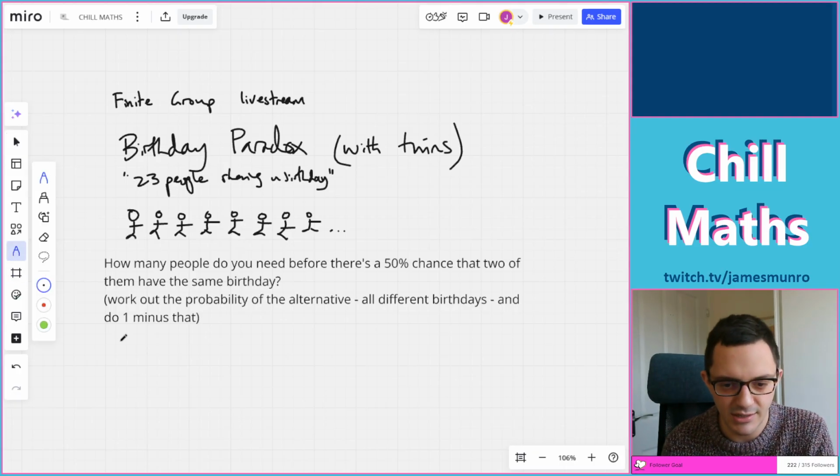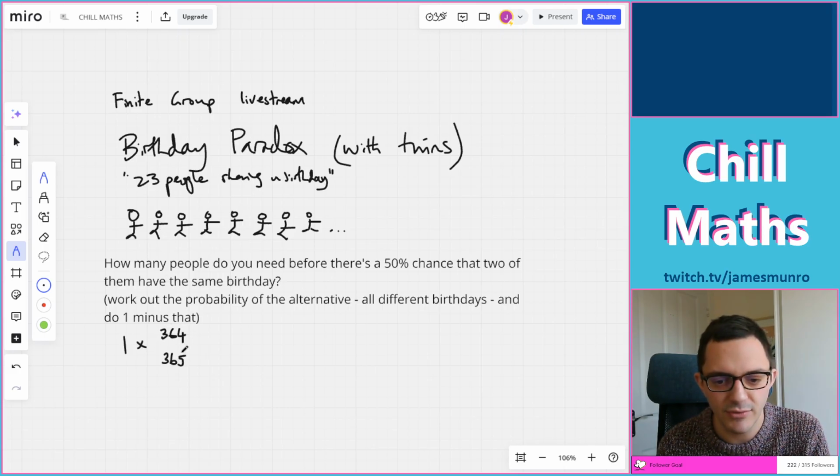So you see things like with one person, there is probability 1 that they will have different birthdays. With 2 people, the next person arrives at the party, and it's 364 divided by 365 that they have a different birthday to everyone previously at the party. New person arrives, and the probability that they have a different birthday from everyone already at the party is 363 over 365 because there's 2 days to avoid.